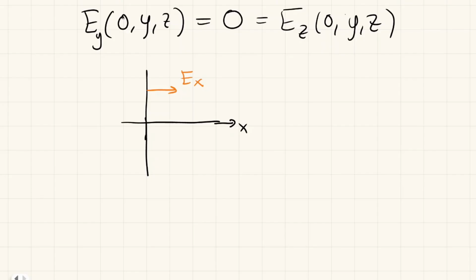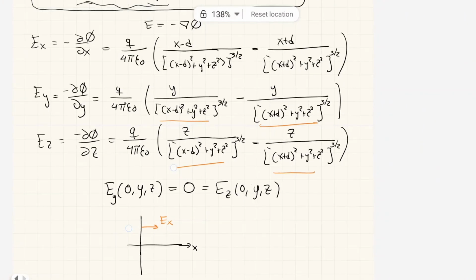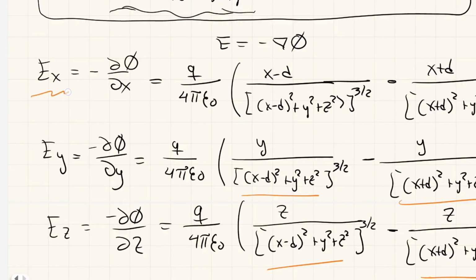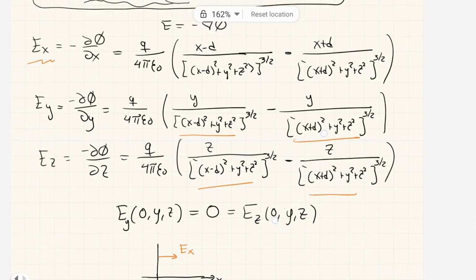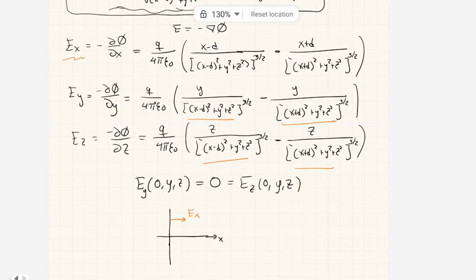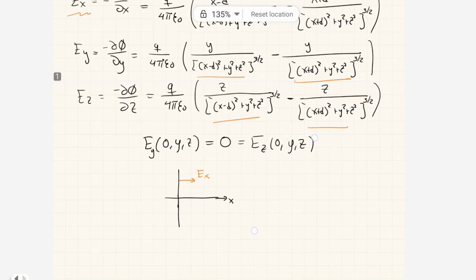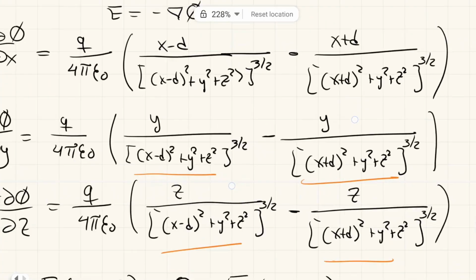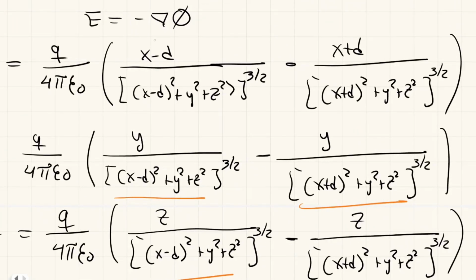So the value of the electric field there is going to be this function that we have here evaluated at x equals 0. So what is that function going to be? Ex at 0, and at any point y, z, is going to be the result here, but evaluated at x equal to 0.